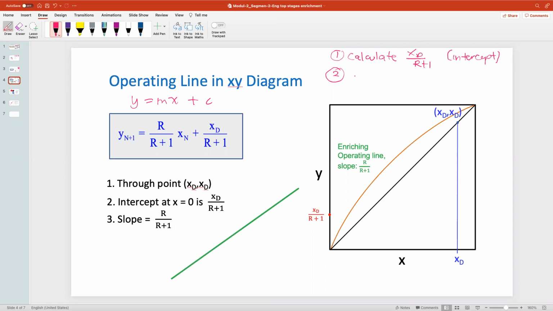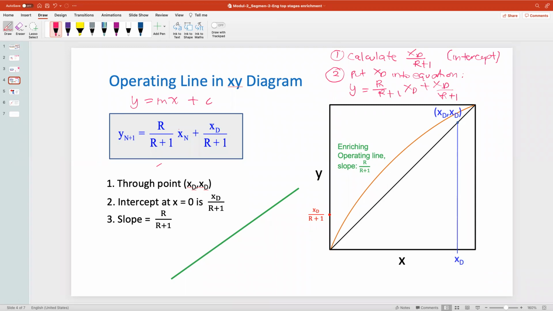Put xd into the equation. Let's say x as xd. So y equal to r divided by r plus 1 times xd plus xd divided by r plus 1.